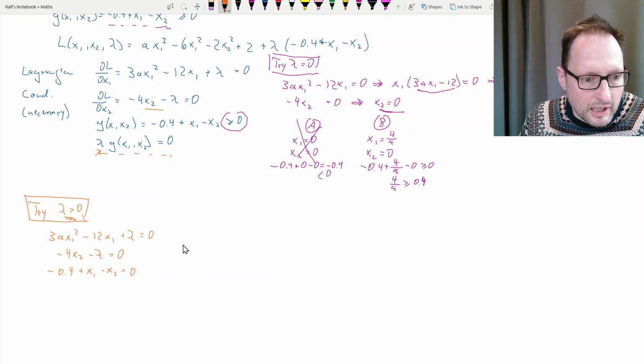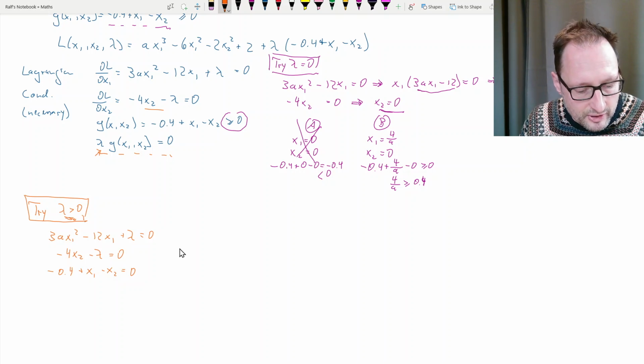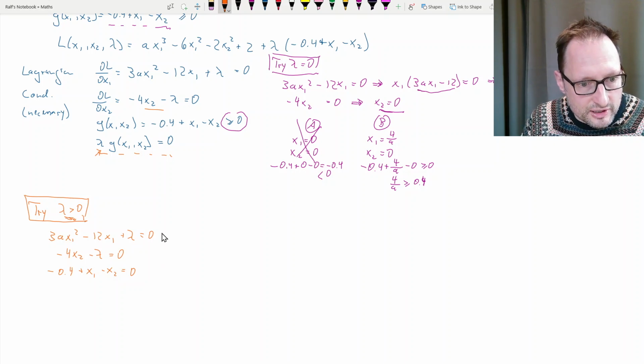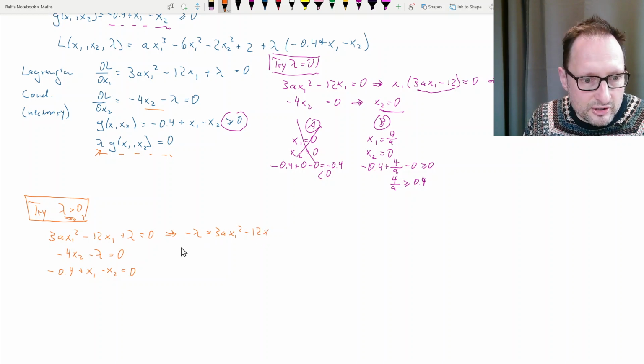So now we just have to use a little bit of algebra to get here. You can see that these first two equations, we can solve them both for lambda. The first one turns into, if I bring the lambda on the other side, negative lambda is equal to 3a x1 squared minus 12x1.